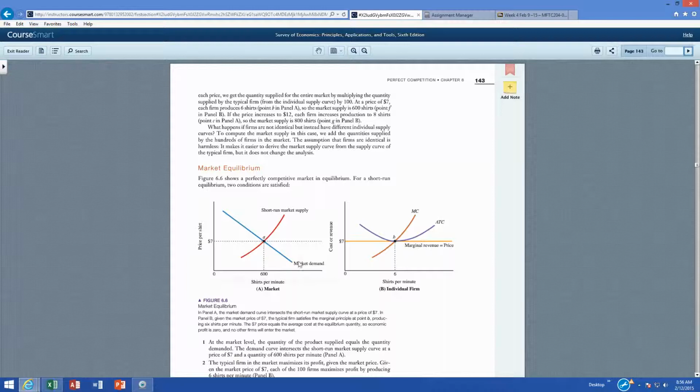Again, demand is downward sloping for the whole market, which sets the price for the individual firm, which is this graph to the right. So we're basically creating the values for the individual firm and see if it's making a profit or not. And what happens if price changes? Because again, individual firms in perfect competition are price takers. They take what the market decides.